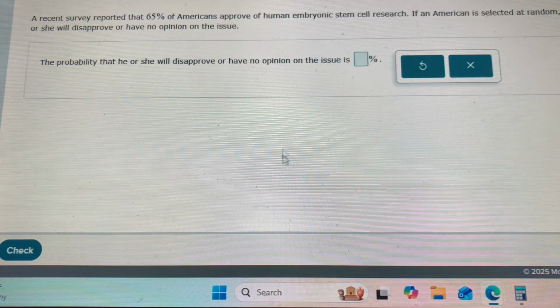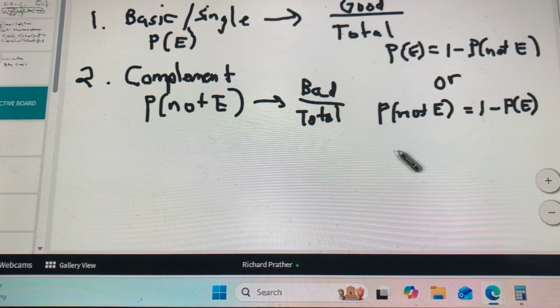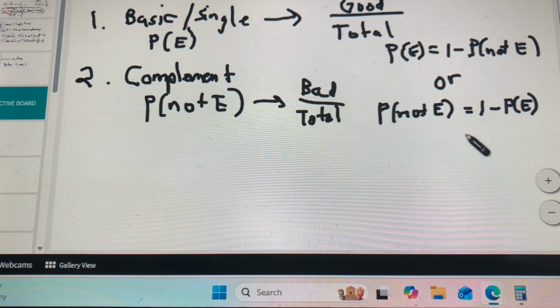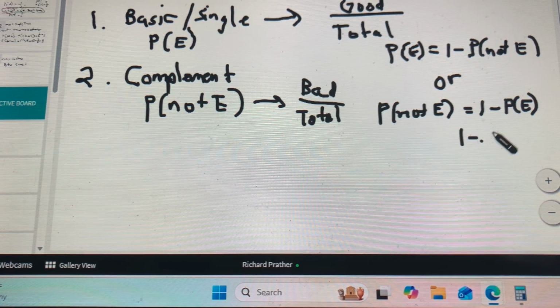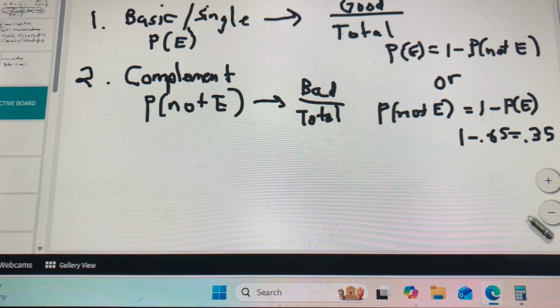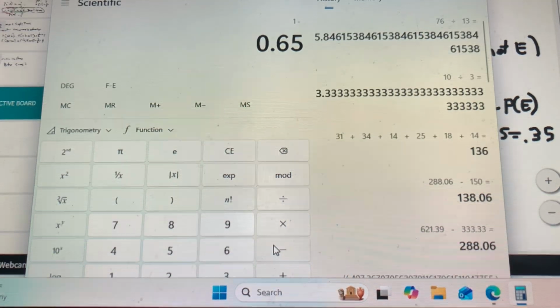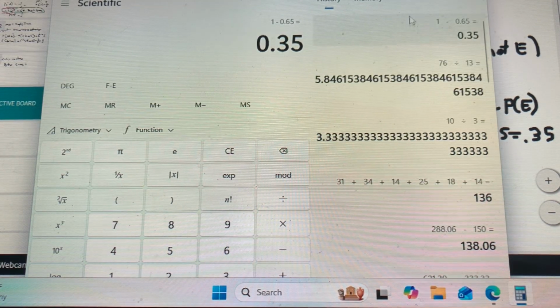In this problem, there's a 65% chance of the good part of this happening. And 65% is 0.65. So if I do 1 minus 0.65, that'll equal the probability that the event does not happen, which is 0.35. 1 minus 0.65 is 0.35.